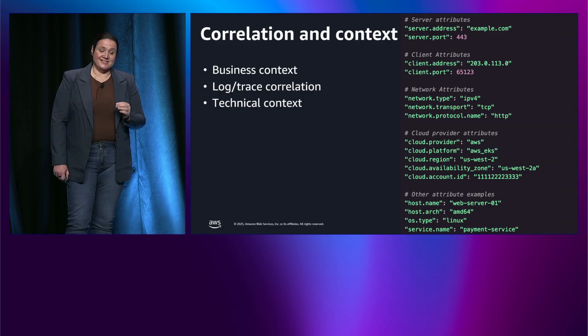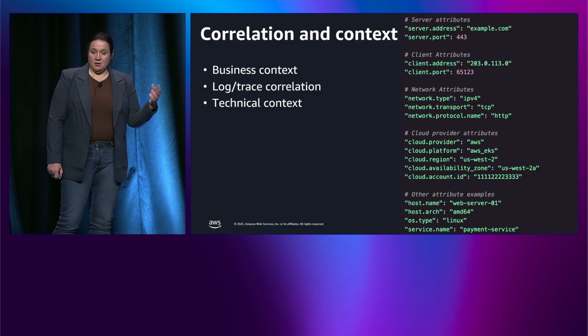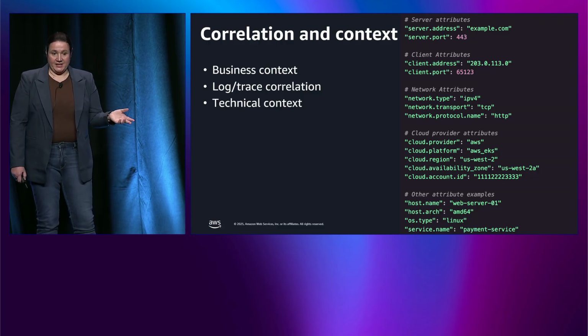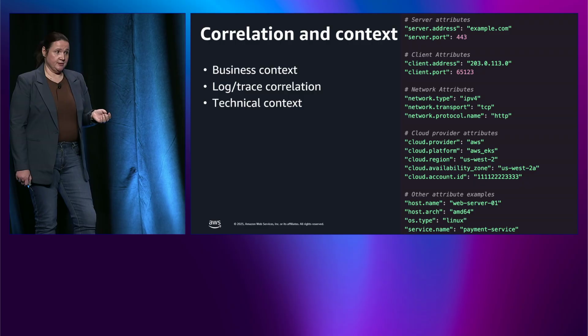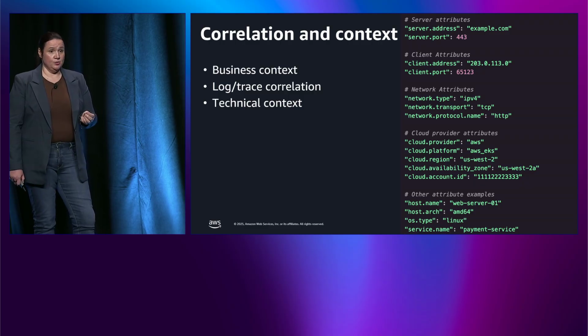The other part is the technical context. Again, that's really important when you're troubleshooting. It's really important to know where the telemetry is coming from, what instance ID, which host, what server address. With OpenTelemetry, you have the concept of semantic conventions, which not only give you a set naming structure, they also mean that you can understand the meaning of the data.